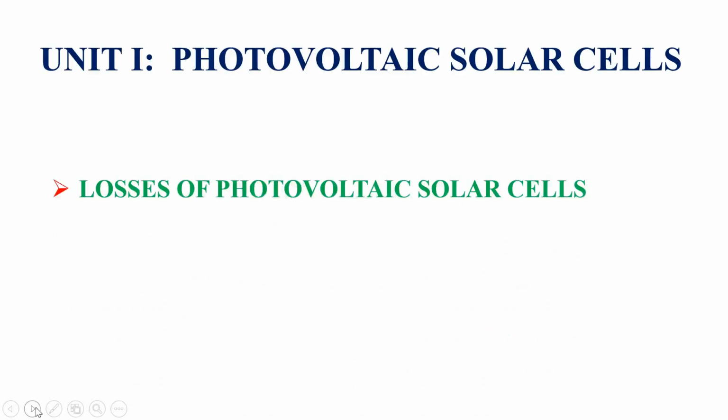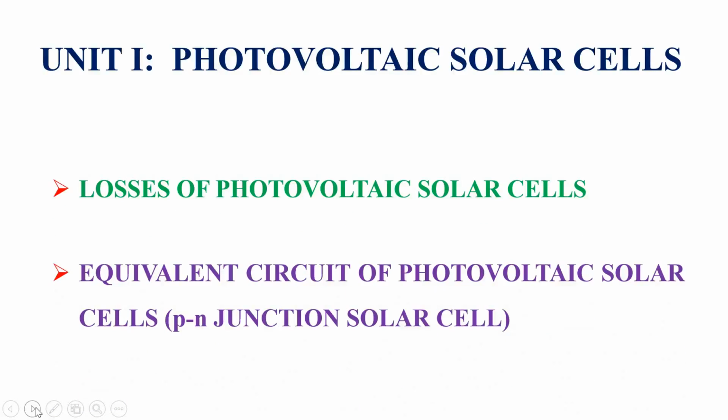The unit started in the previous lecture with photovoltaic solar cells. Today I will cover the losses of photovoltaic solar cells and the equivalent circuit of a photovoltaic solar cell, or PN junction solar cell.